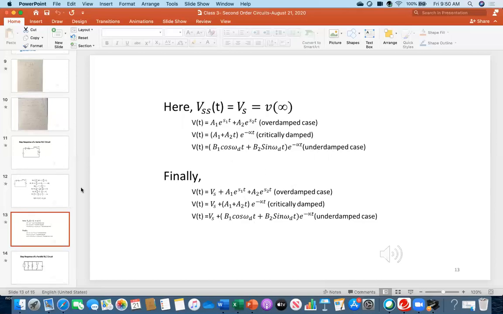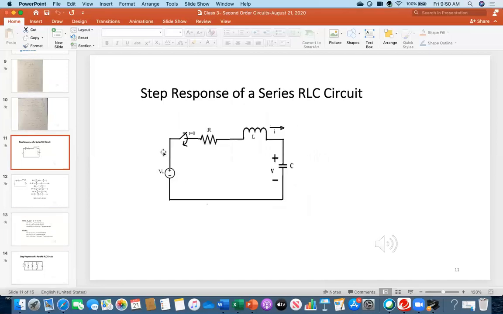For this type of circuit, the process is exactly the same, whether it is a parallel circuit or a series circuit. You just have to add a new term because there is a source present now: the final or steady state value of the response. That's why it is called the step response of a series circuit.